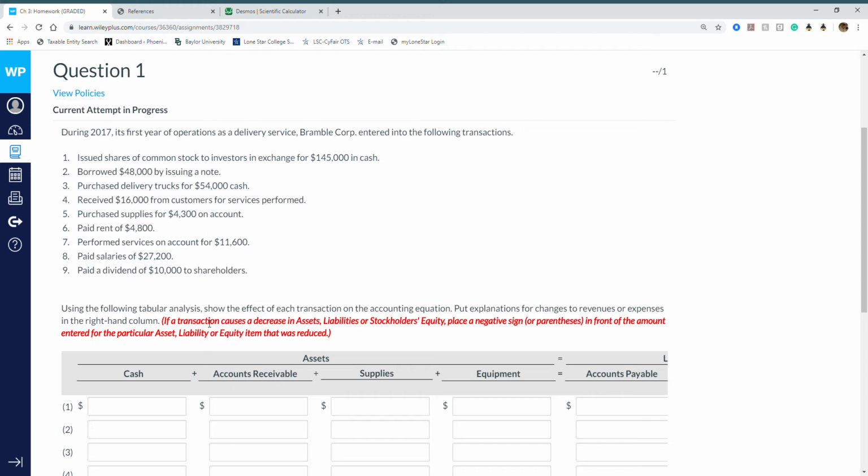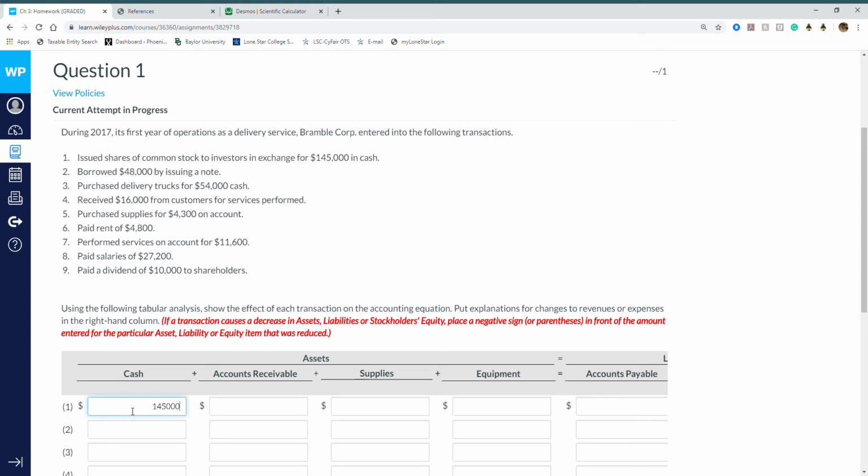Okay, fine. So starting off, the first transaction: we issue shares of common stock to investors in exchange for $145,000. Of course, we know we have 2 accounts, common stock and cash, because usually investors do it in cash. We'll just look at how they increase or decrease. Well, cash is going to increase.